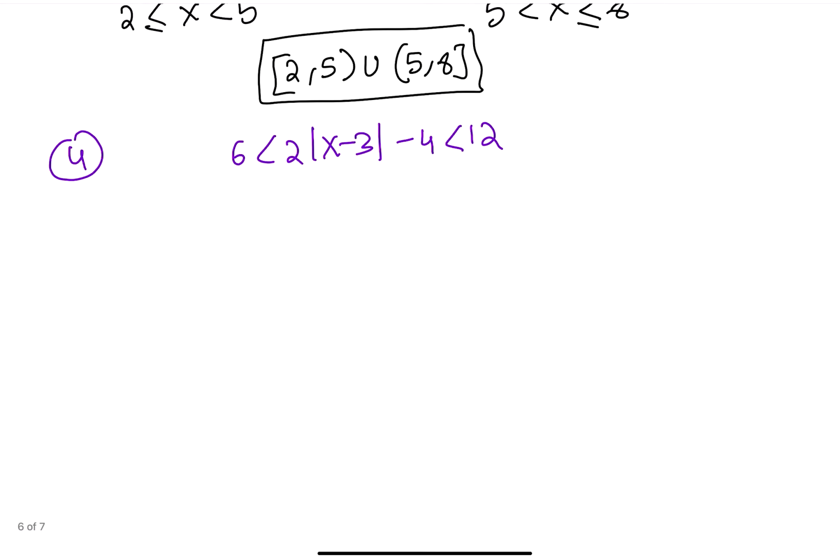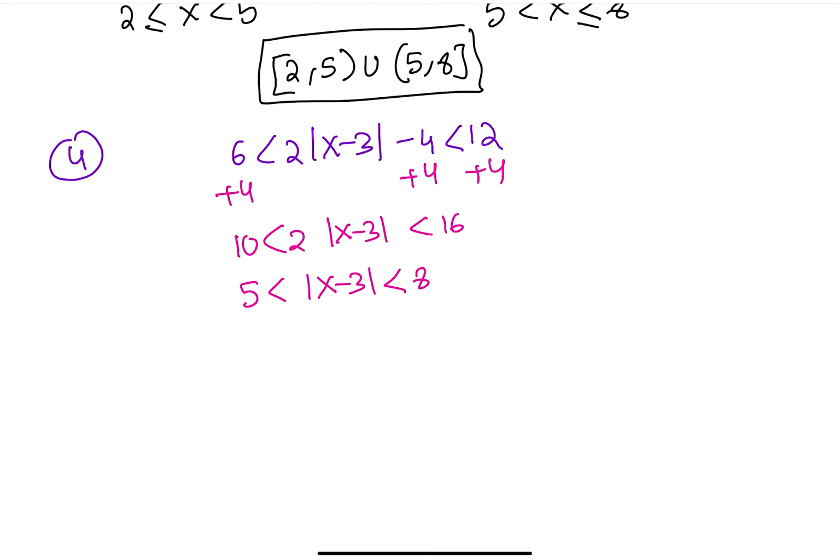Here, it's a compound inequality with absolute value in it. First step is to get the absolute value alone. So I'm going to add 4 to each side. Divide everything by 2. So absolute value of this number lies between 5 to 8. So the number can be here on the number line, or the number can also lie between -8 and -5.